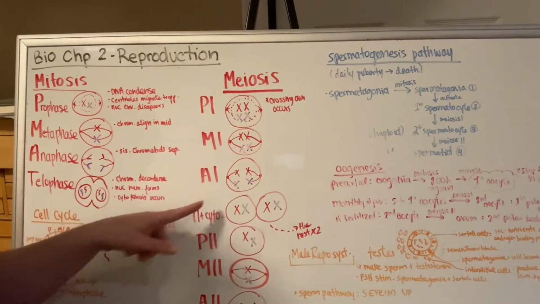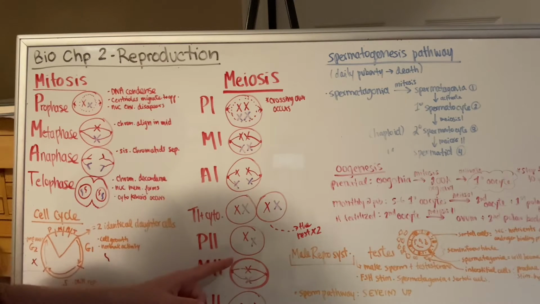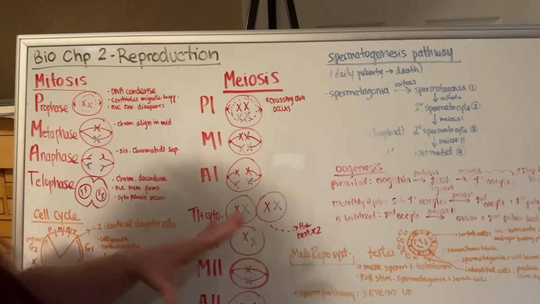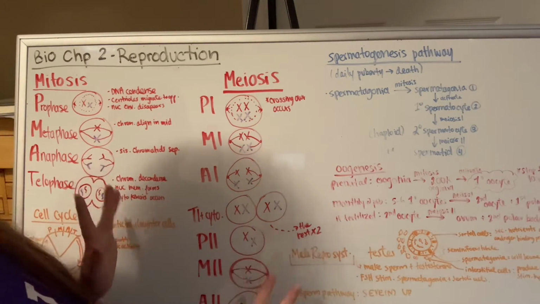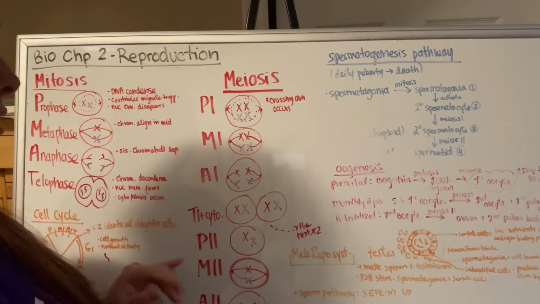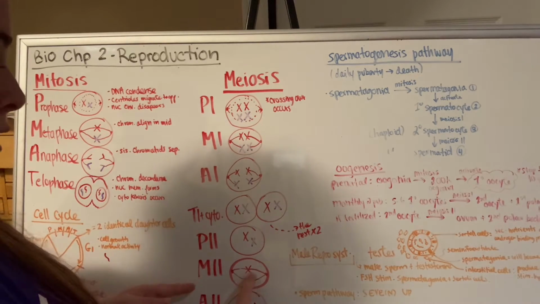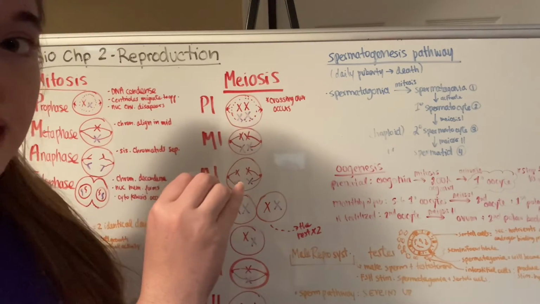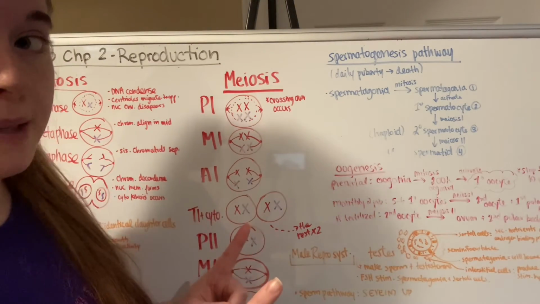So just picture the same thing happening to this cell on its own. If we're taking this cell, then we go through prophase 2. Again, the nuclear envelope is not present and the DNA is still condensed. And you go to metaphase 2, which is where now you have the chromosomes lined up across the metaphase plate, and the sister chromatids can be separated.